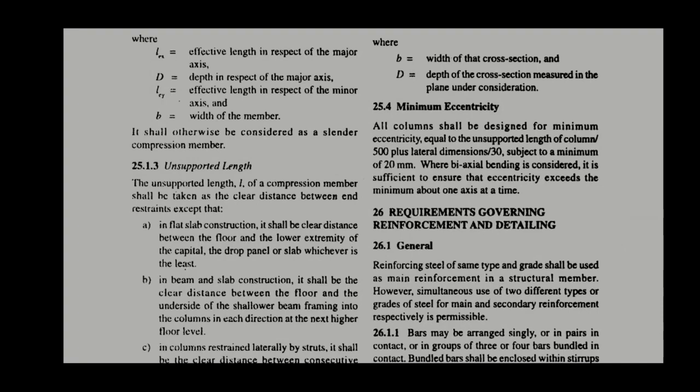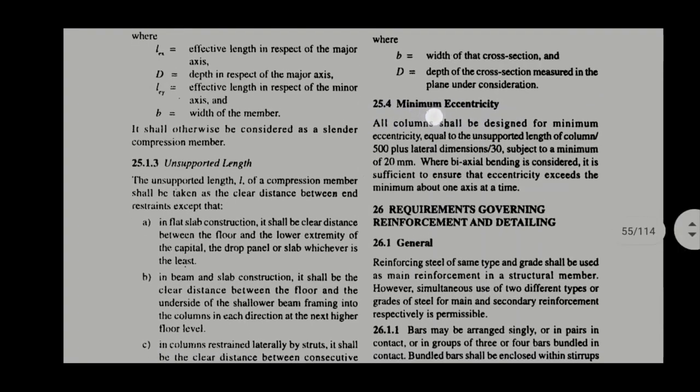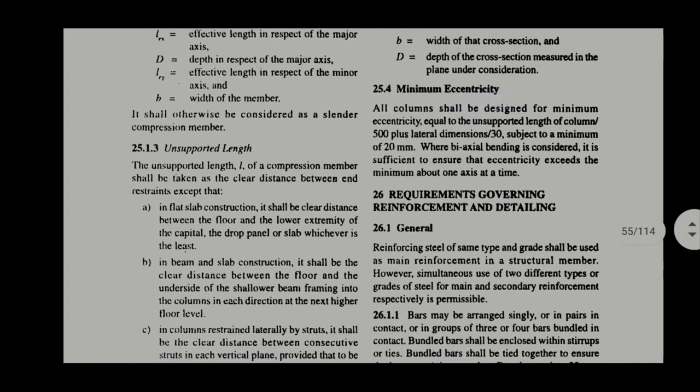Look, clause number 25.4, minimum eccentricity. All columns shall be designed for minimum eccentricity equal to the supported length of column by 500 plus lateral dimension by 30, subject to a minimum of 20 mm.